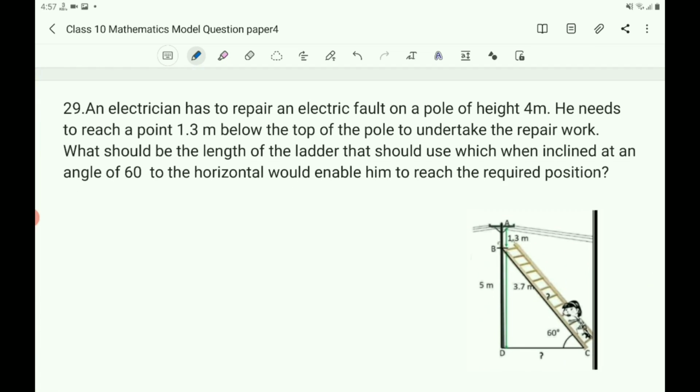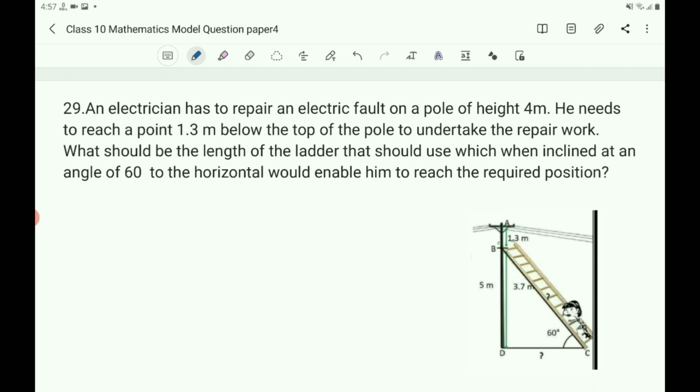Question number 29. An electrician has to repair an electric fault on a pole of height 4 meter. He needs to reach a point 1.3 meter below the top of the pole to undertake the repair work.